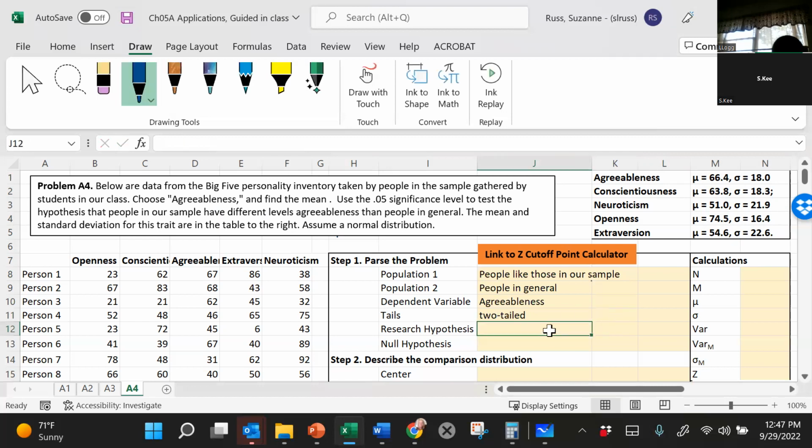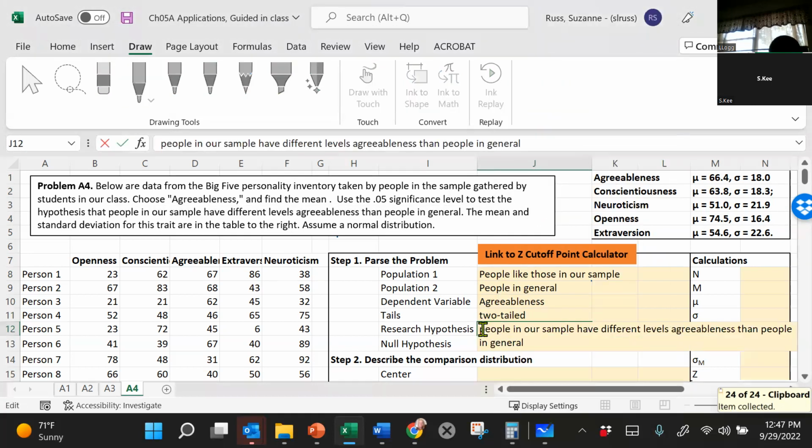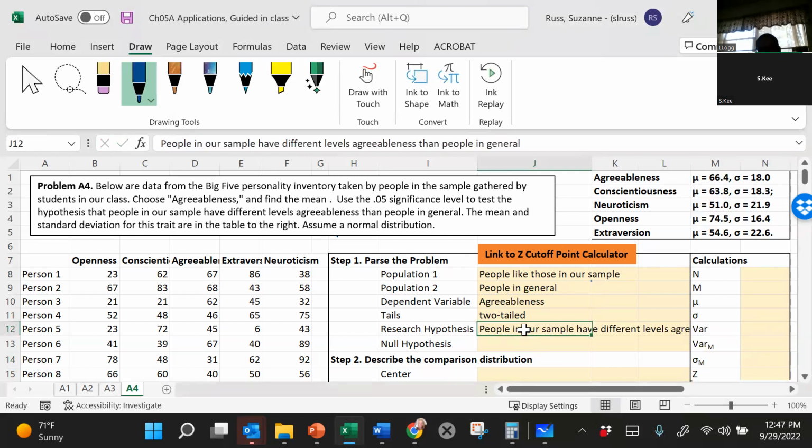The research hypothesis, I see this written right here, so I'm just going to copy it and capitalize it. And here I'm going to copy it again for the null hypothesis.